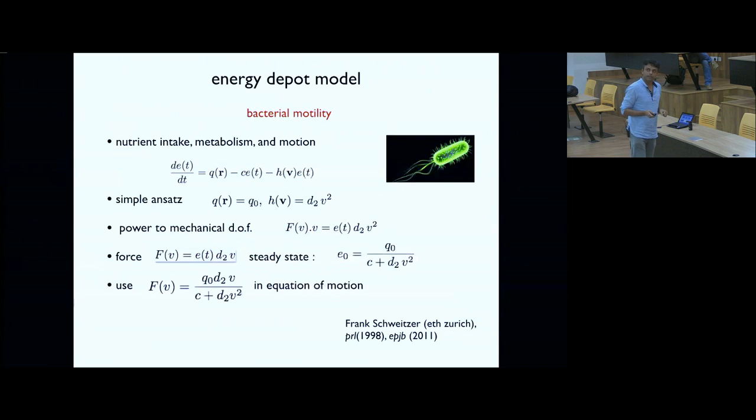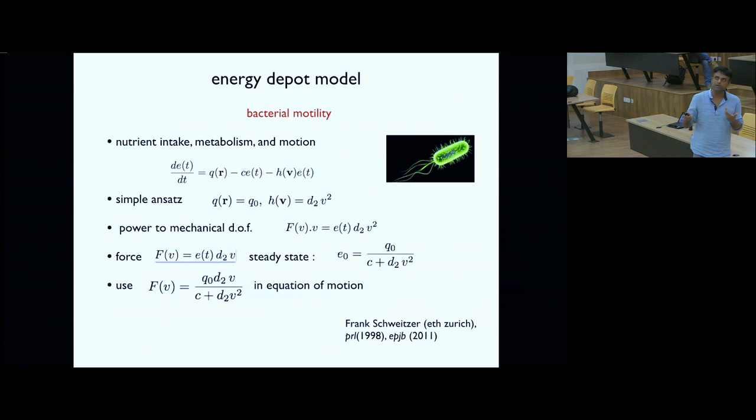Then there is another class of models, called the energy depot model. This is a naive description of the motion of a self-propelled particle. What you can do is say that the particle is moving because of an internal energy depot, and the energy depot has a dynamics of itself, and part of the energy is supplied to the motion of the system.